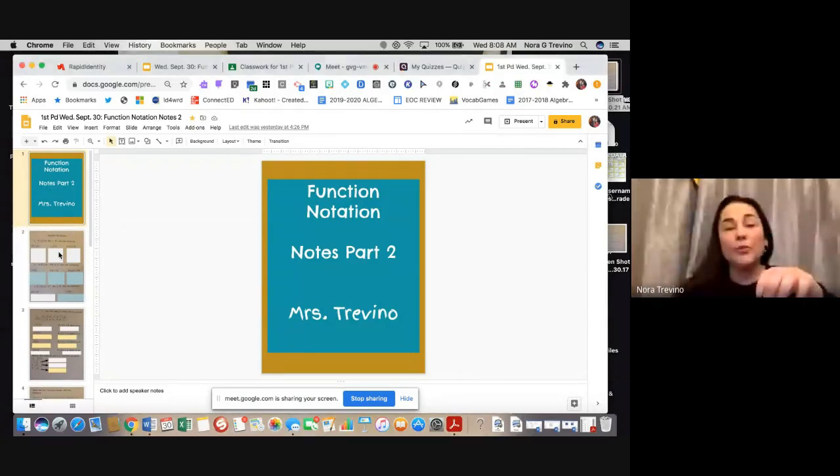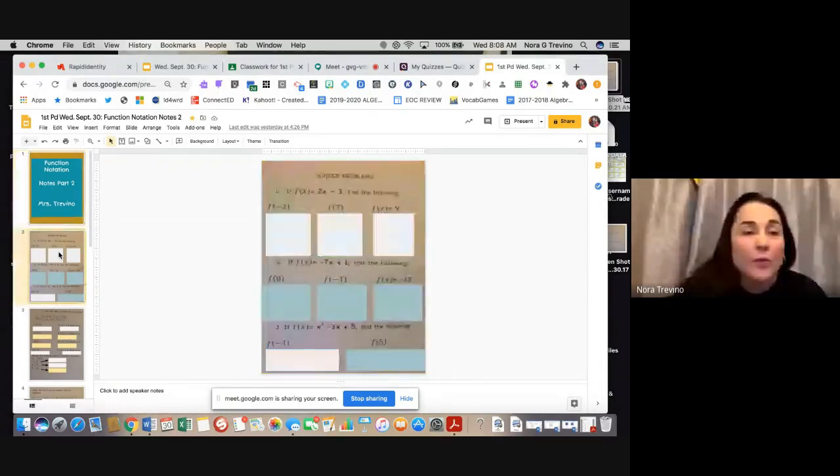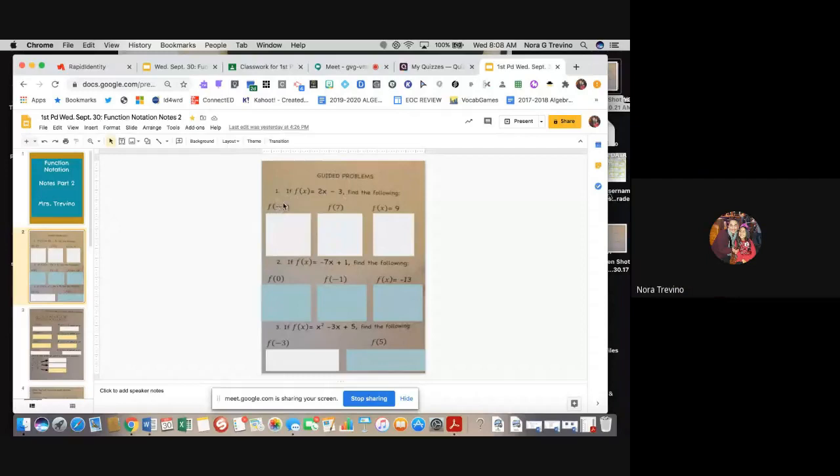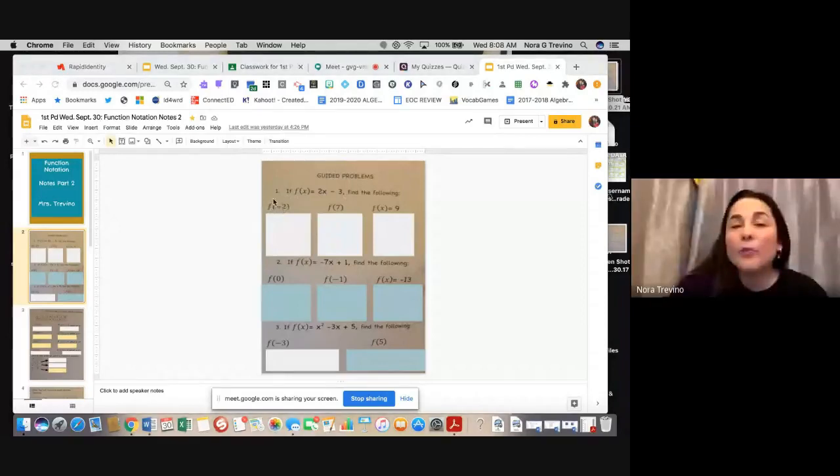So let's just do some practice problems so that you know what kind of problems you should expect. So for example, number 1, if f of x equals 2x minus 3, find the following, okay? Whenever you see the number inside the parentheses, remember f is just the name of the function. X is just telling you, hey, I'm the input value.